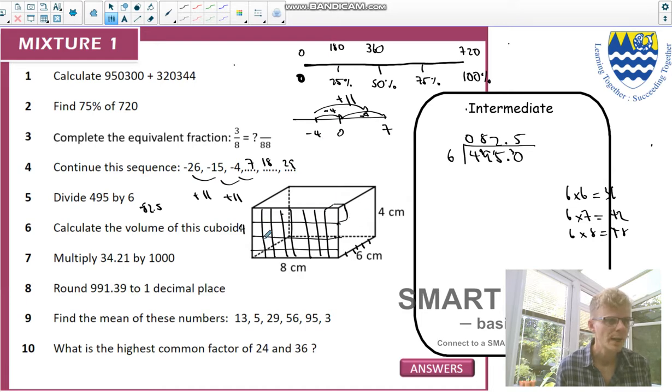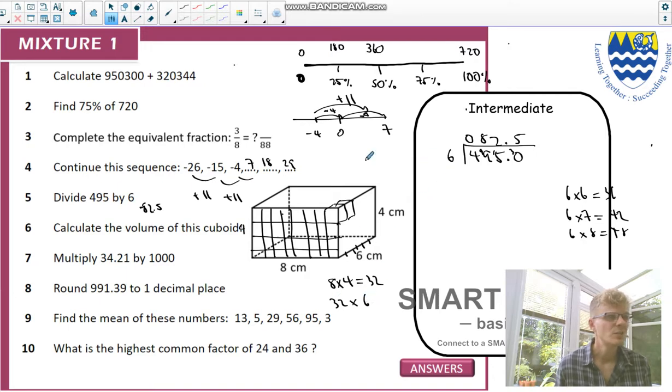So for each square I can see in the front face, I could fit 6 cubes going back from each square. So my final calculation then would be 8 times 4, which is 32. And then I'm going to do those 32 squares, turn them into cubes, and so I'll have 6 of each of those. I'm going to do 32 times 6.